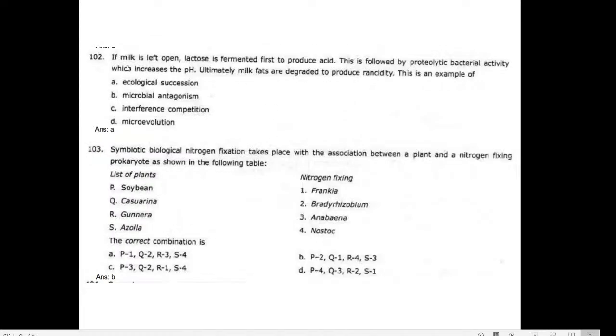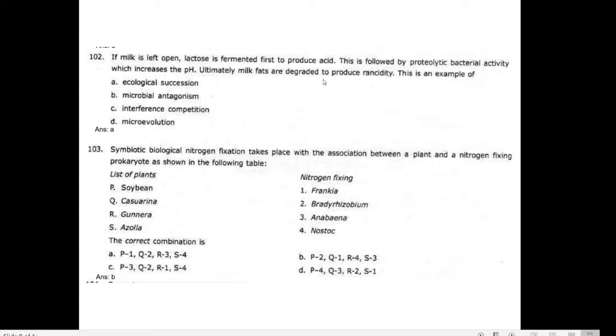The next question is about milk left open. If milk is left open, lactose is fermented first to produce acid. This is followed by proteolytic bacterial activity, which increases the pH.